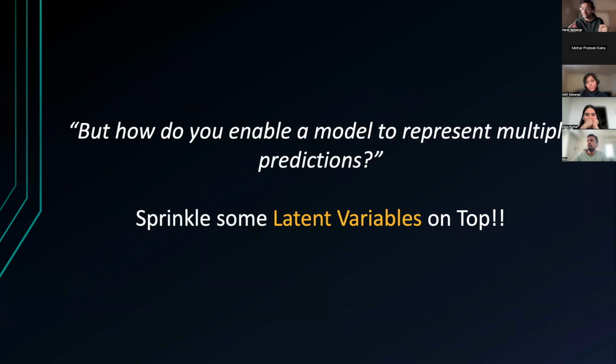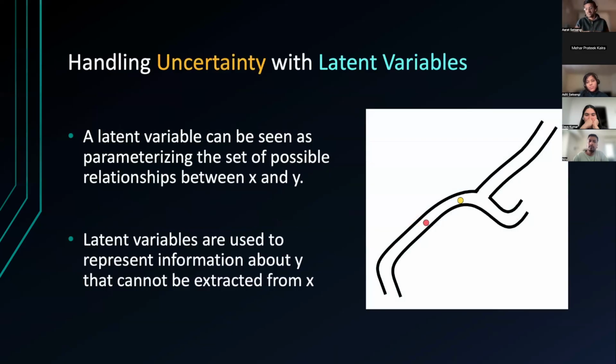How can it represent multiple predictions? That is where latent variables come in: handling uncertainty with latent variables. A latent variable can be seen as parameterizing the set of possible relationships between x and y. I know you don't understand it yet, because I also didn't get it the first time.